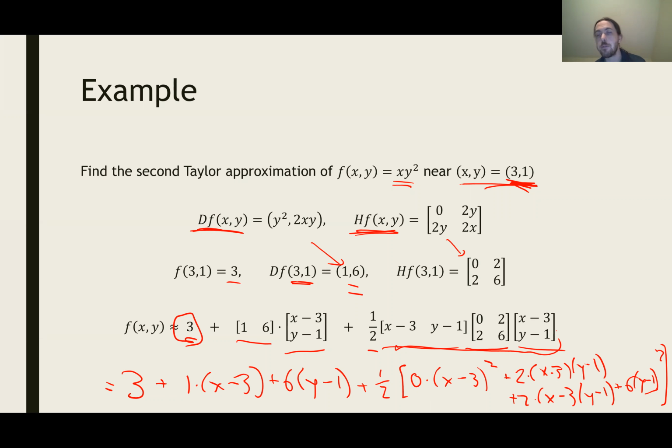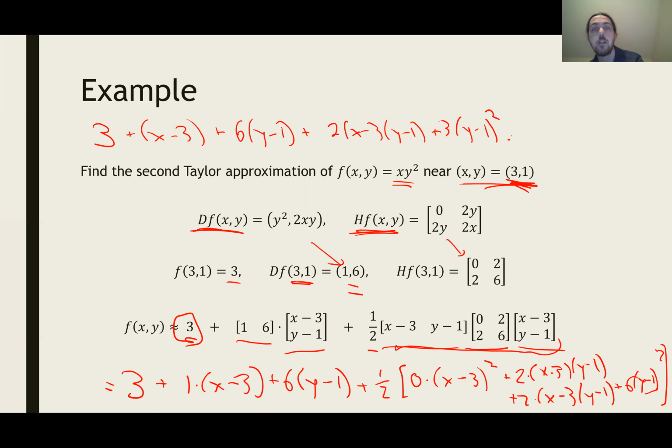And then I could simplify this pretty dramatically. I could get rid of the part that involved 0, and I could collect together terms. And so the whole thing would give me 3 plus x minus 3 plus 6 times y minus 1 plus 2 times x minus 3 times y minus 1 plus 3 times y minus 1 squared, like so.